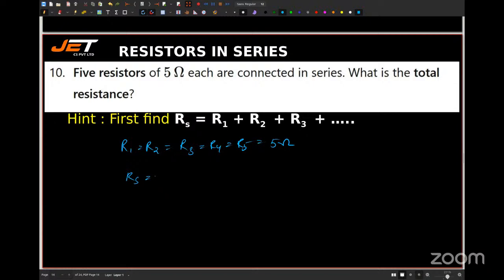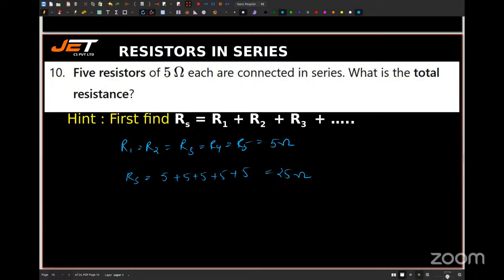How is it 40? Each resistor is 5 ohms, right? So it can't be 40. Good. Right, Neha? It is 5 plus 5 plus 5 plus 5 plus 5. It is 25 ohms. Pretty straightforward question.